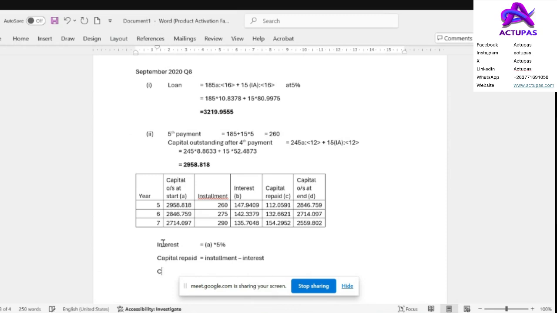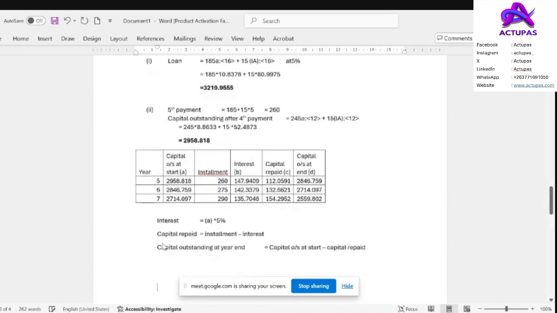And then your capital outstanding at year end is equal to capital outstanding at start minus capital repaid, just to make sure you get all the marks available.